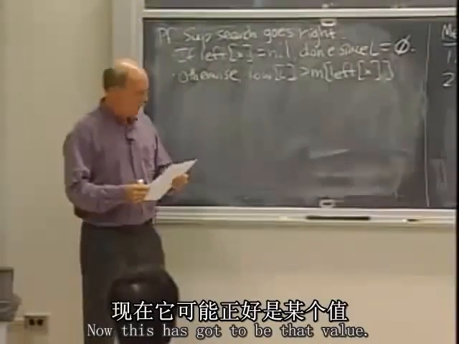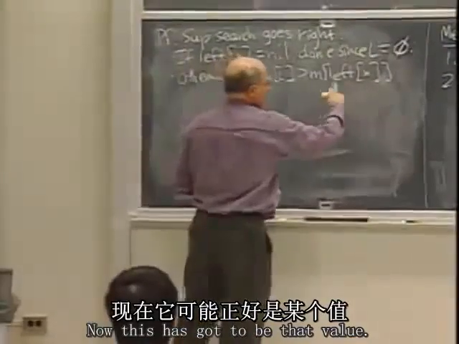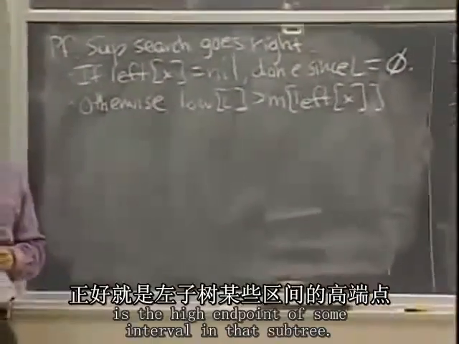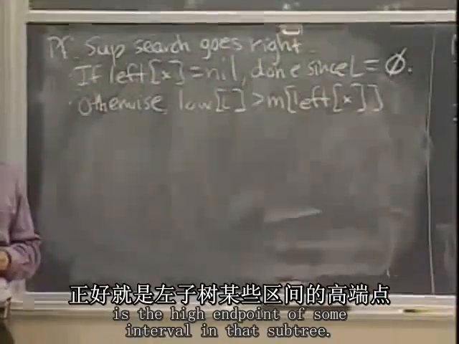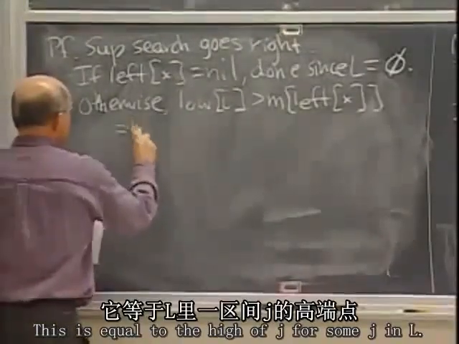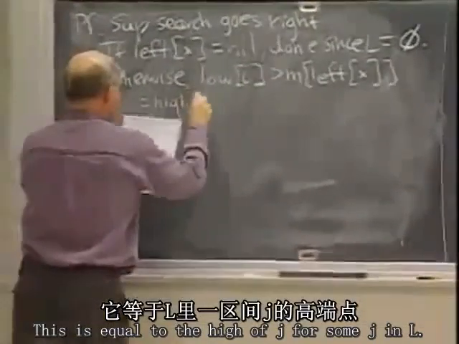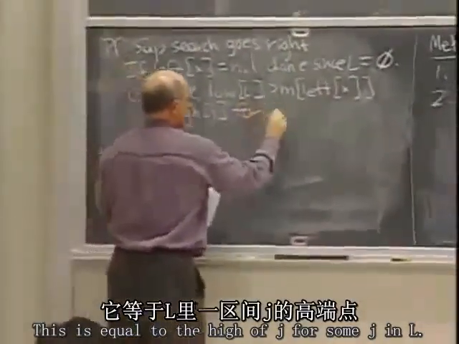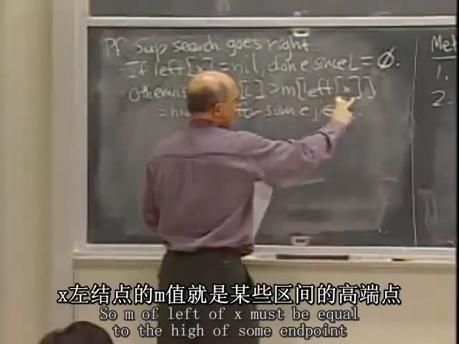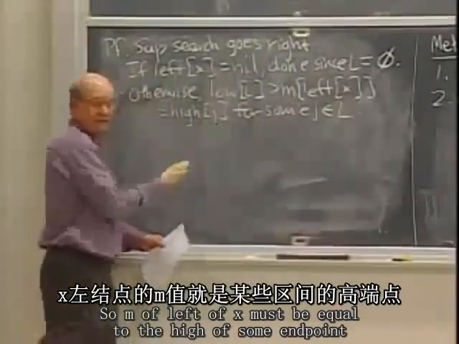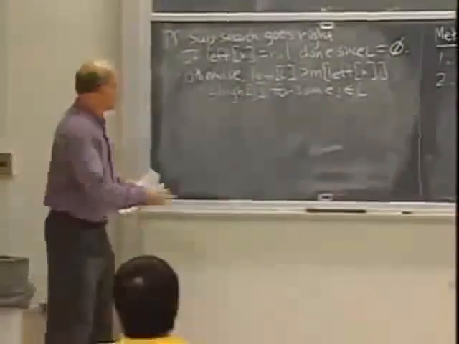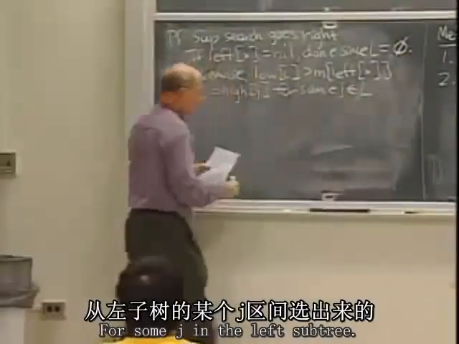Now, that value, m of left of x, is the high endpoint of some interval in that subtree. So this is equal to the high of j for some j in L. So m of left of x must be equal to the high of some interval j in the left subtree, because that's how we're picking the m's.